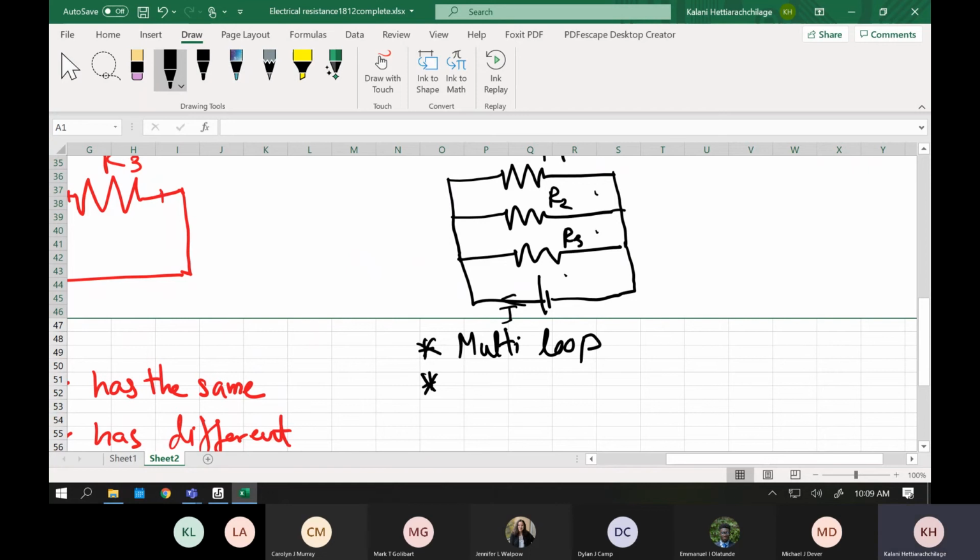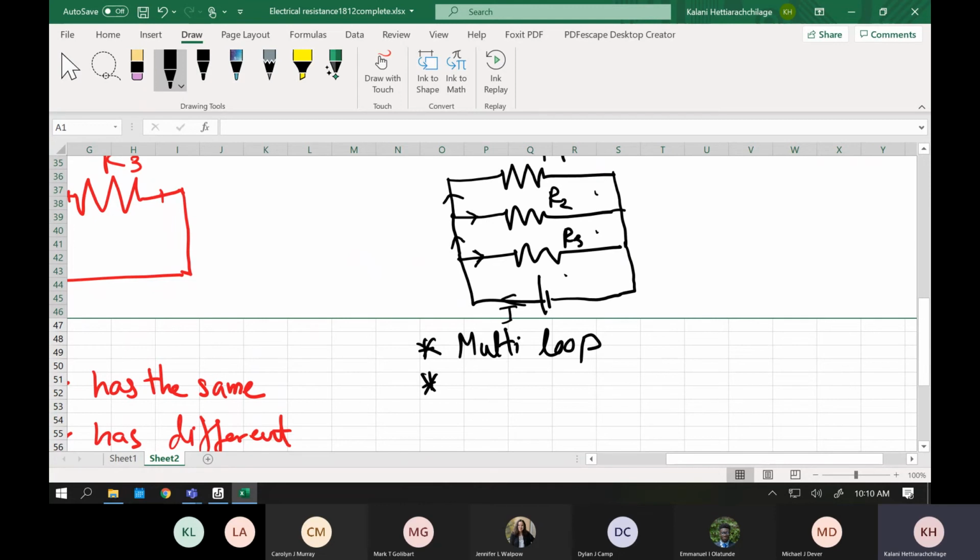And also you are not able to say that the current of each resistor is the same, because if I produce the current from the power supply, this current is divided: one part goes through this loop, one part will go through this wire. When it comes to here again, it goes to this part and this part. That means you are not able to say the current is the same in this case.